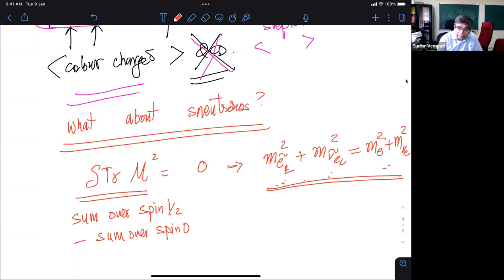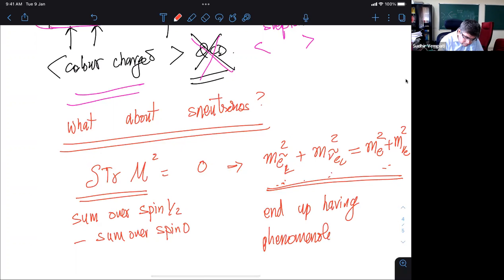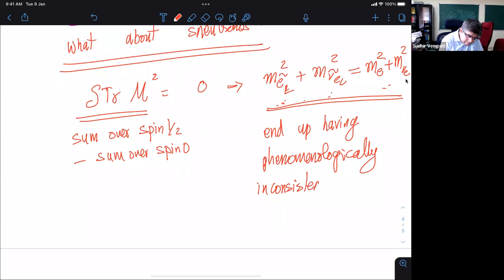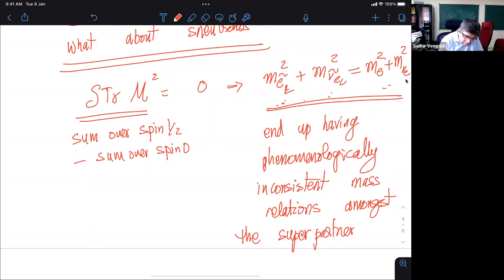So you'll end up having phenomenologically inconsistent mass relations amongst the superpartners and standard model particles.